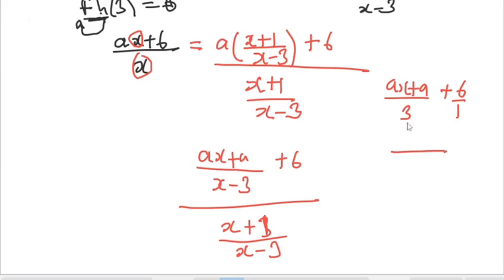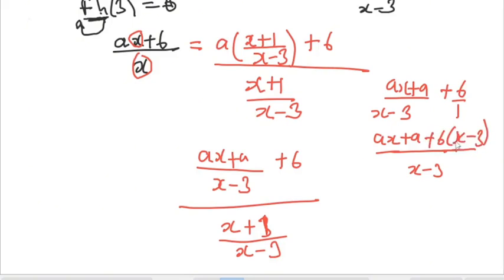So we find the common denominator. It's x minus 3. So we are going to have x minus 3 into ax plus a, okay, then 1 into x minus 3 will give the same x minus 3. So this positive 6 is going to multiply x minus 3.